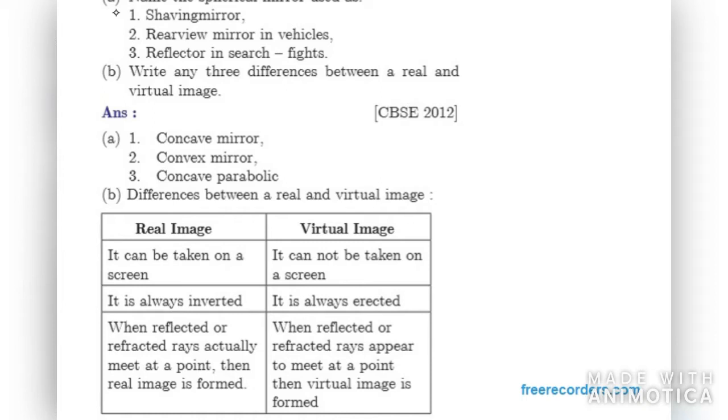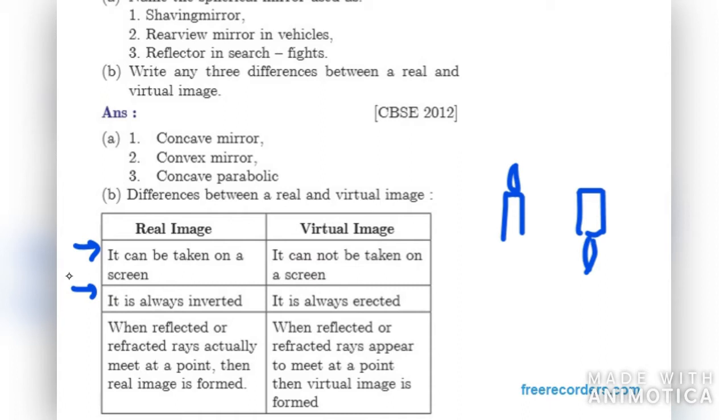Otherwise, it is virtual. Now, a real image is always inverted. Inverted means if you have an image like this, the inverted image will look like this. And a virtual image is always erect, that means same as the object.